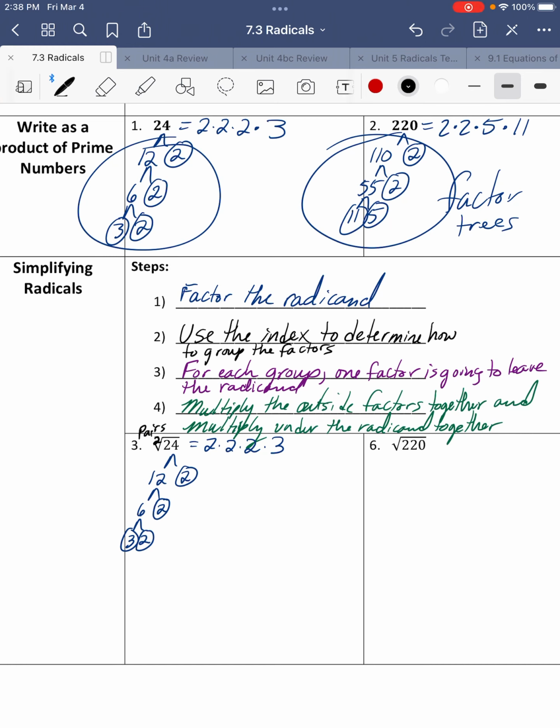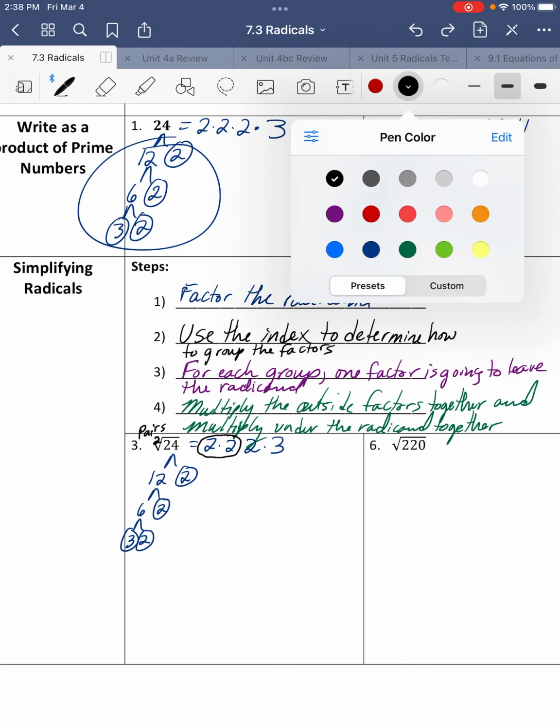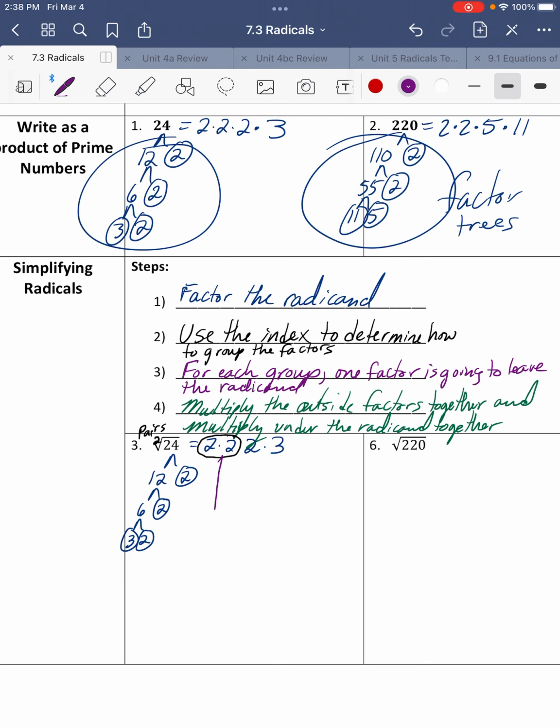Groups of 2. Well, you can only make one group of 2 out of our factors. So that's going to come out in front. Only one comes out. Let me do that in purple. From there, only one group of 2's comes out.